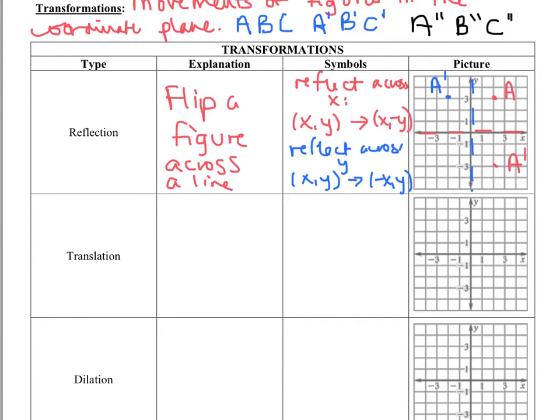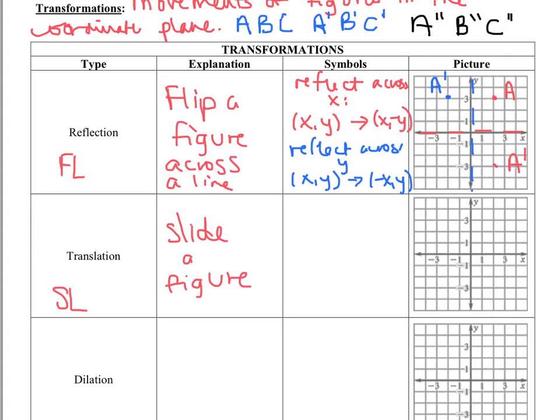A hint when you're thinking of reflection also is that FL is in the word reflection, so you can think of flip. Translation, SL, translation is a slide. So a translation is what you get when you slide a figure in any direction in the coordinate plane.